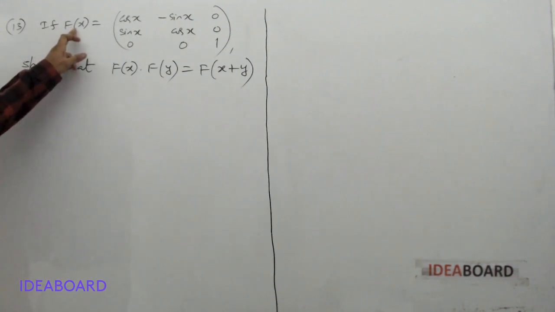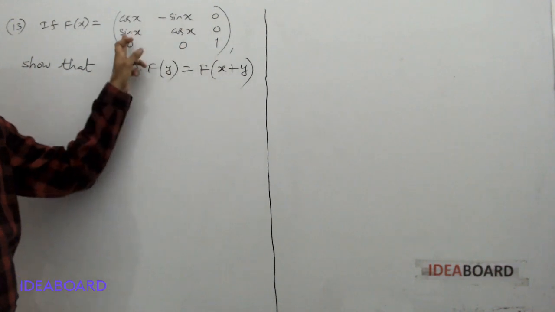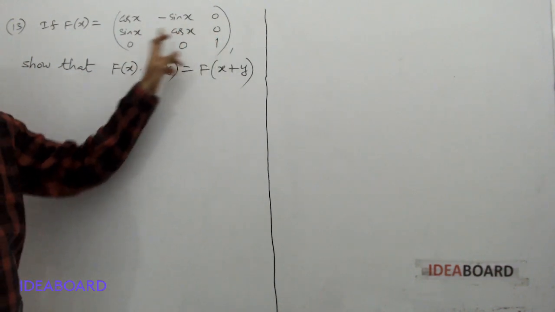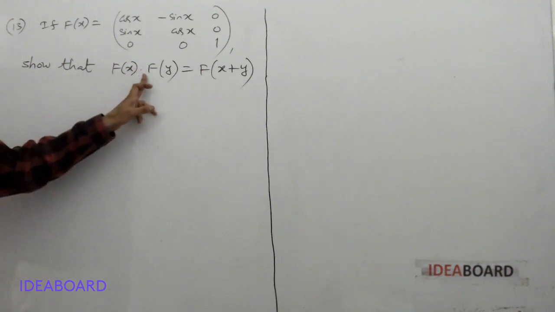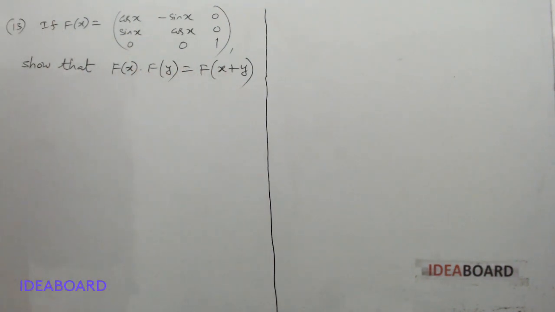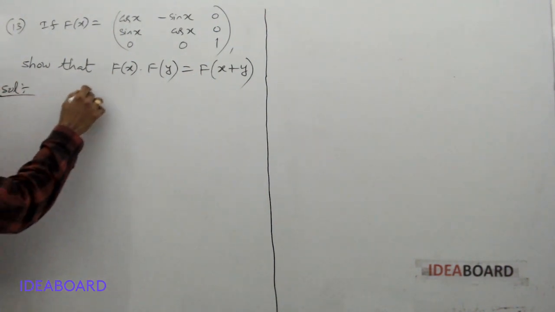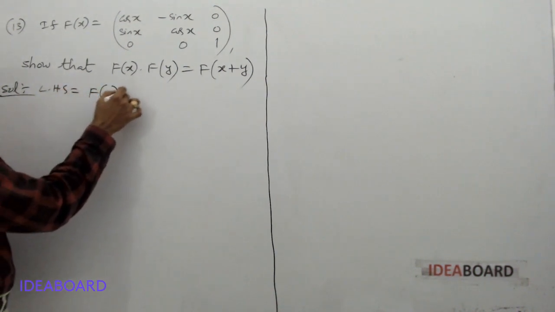If f of x equal to the matrix [cos x, -sin x, 0; sin x, cos x, 0; 0, 0, 1], show that f of x into f of y equal to f of x plus y. Here, take LHS equal to f of x into f of y.